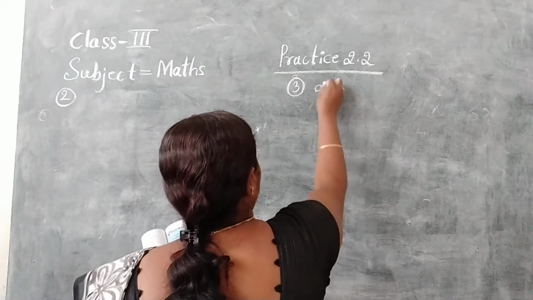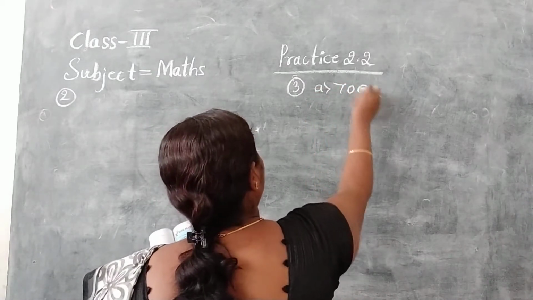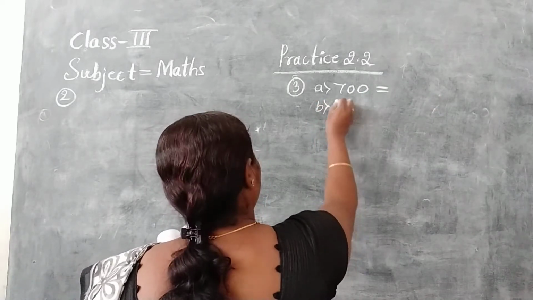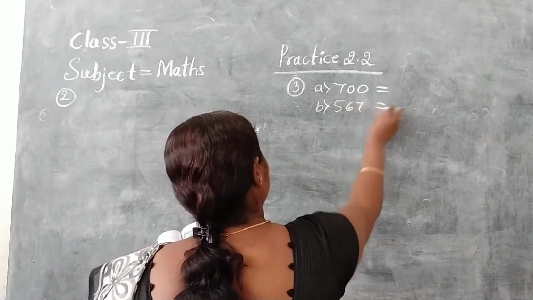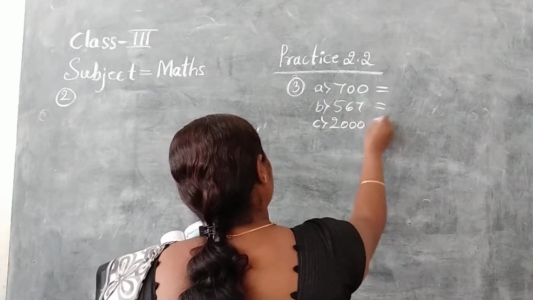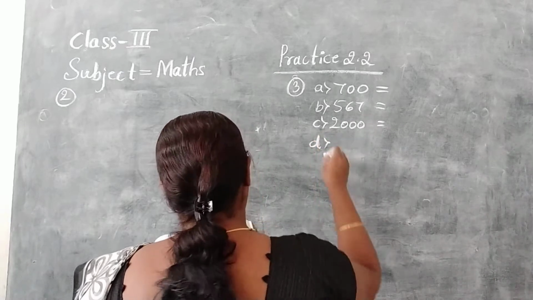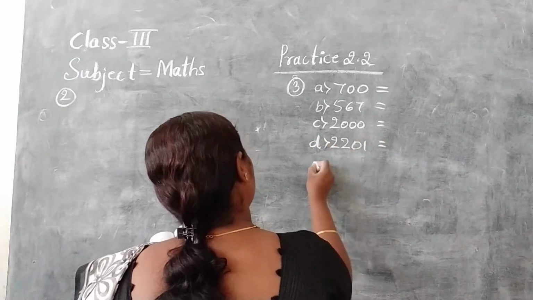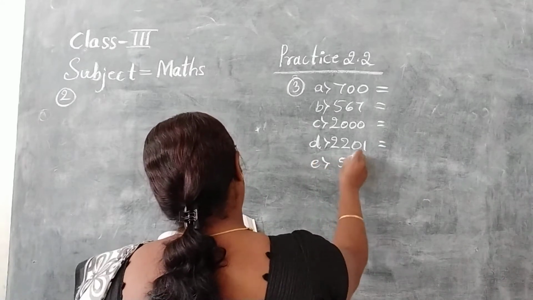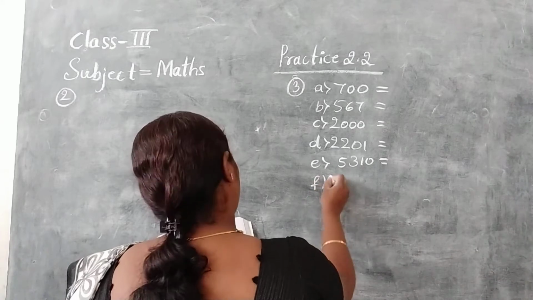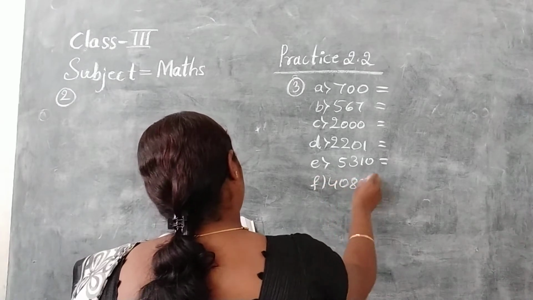A. 700. B. 567. C. 2,000. D. 2,201. E. 5,310. F. 4,080.